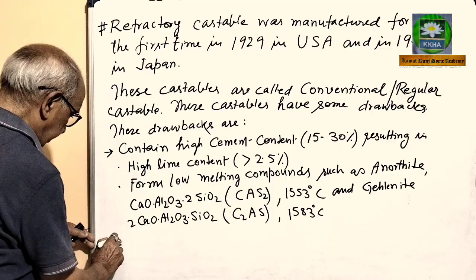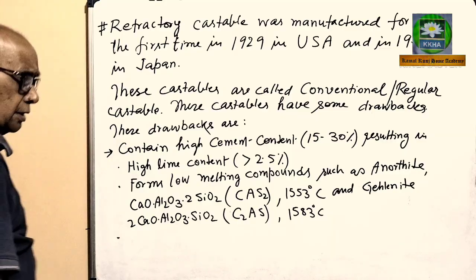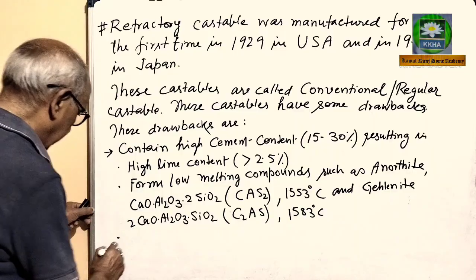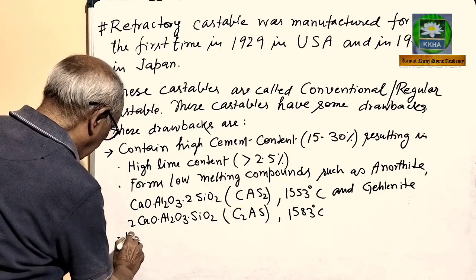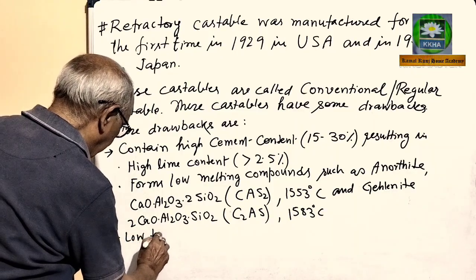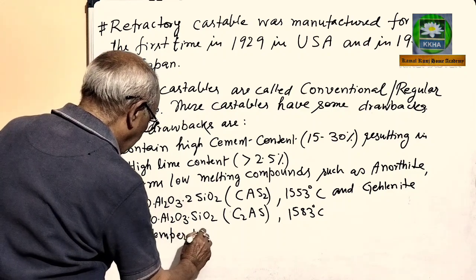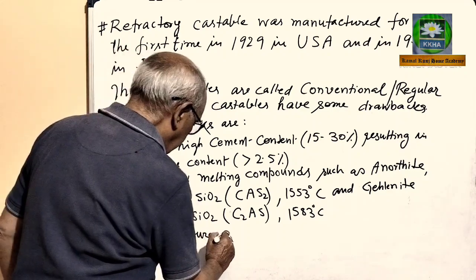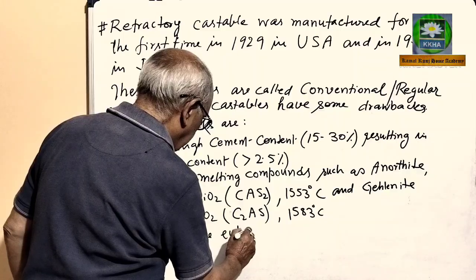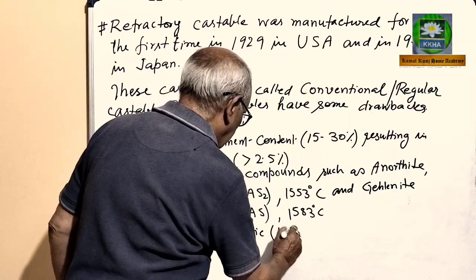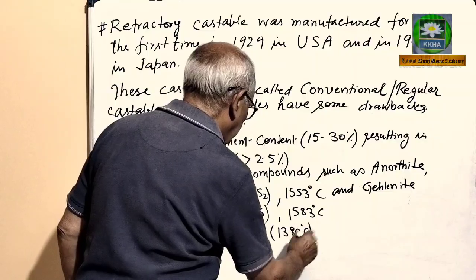Due to high lime content, it also forms a low temperature eutectic at 1380 degrees Celsius.